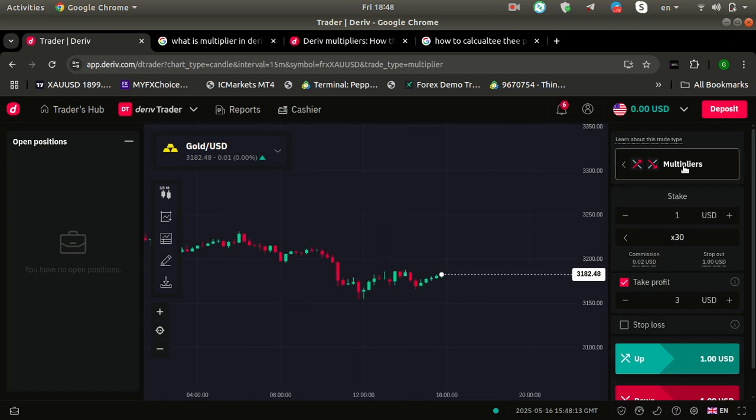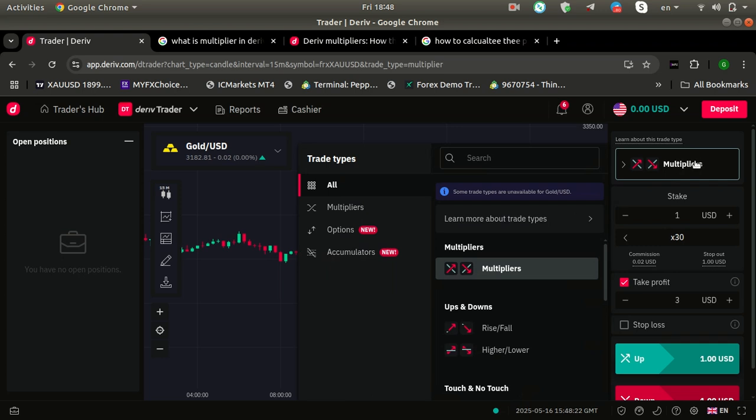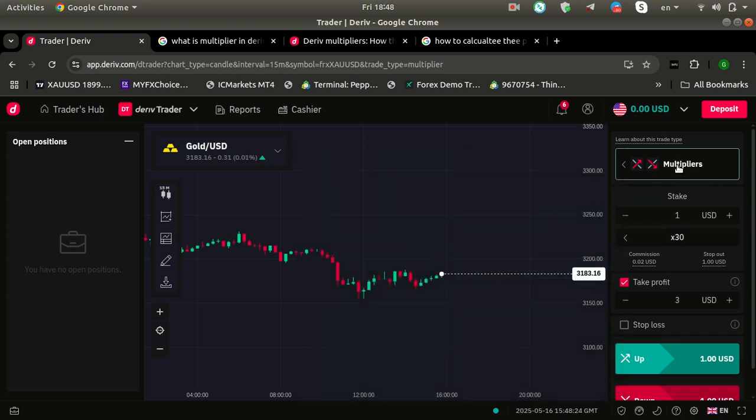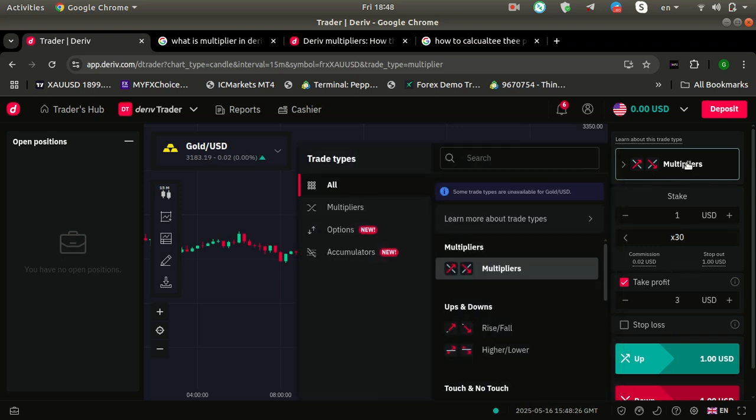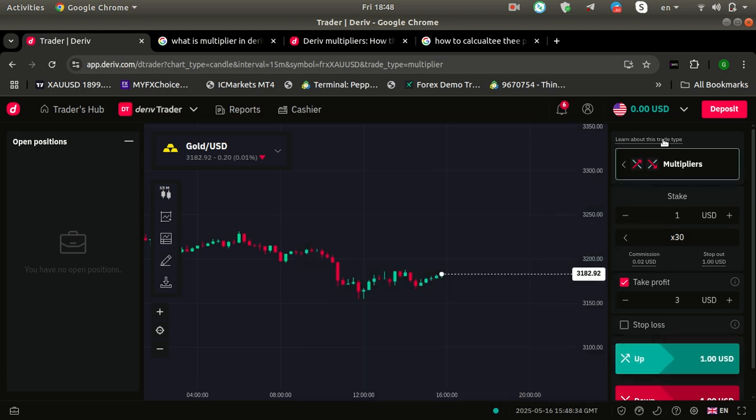So we then change the trade type to multipliers. As you can see, it's already selected for me, but if you don't see multipliers being selected on your end, click on this selection, search for multipliers, and select multipliers as the trade type.